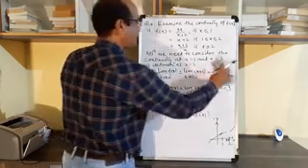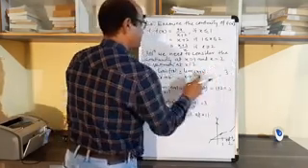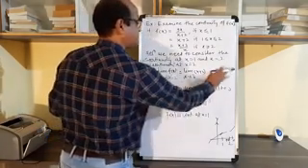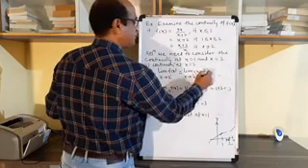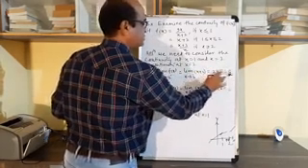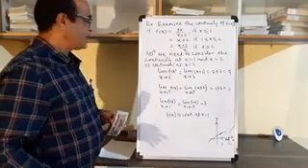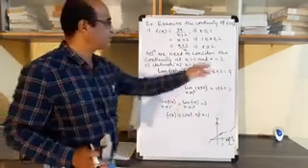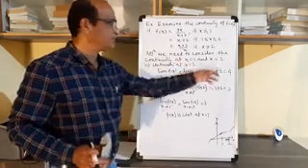So x plus 2, put x is equal to 2. That is 2 plus 2 is equal to 4. So the left hand limit of the function at x is equal to 2 is 4.